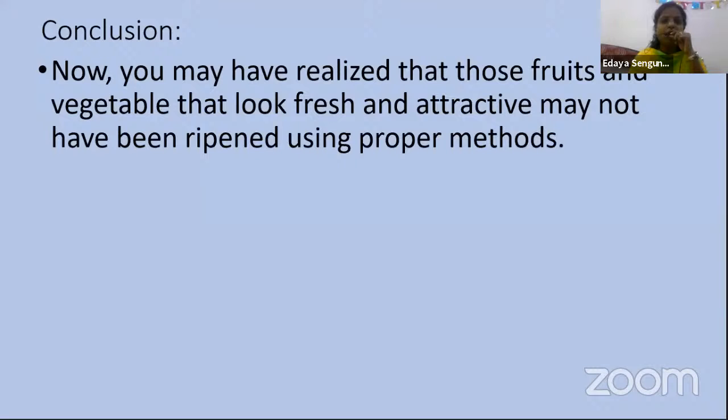The fruits which look fresh and attractive are not cultivated using proper methods, because to make them attractive they give injections or use more chemical fertilizers. That is not good for our health. So we must select category A fruits or vegetables, which may not look fresh and attractive, but they are good for our health. Understood?